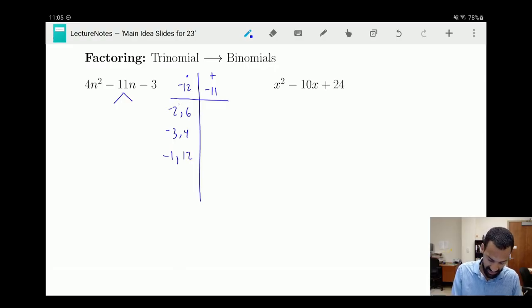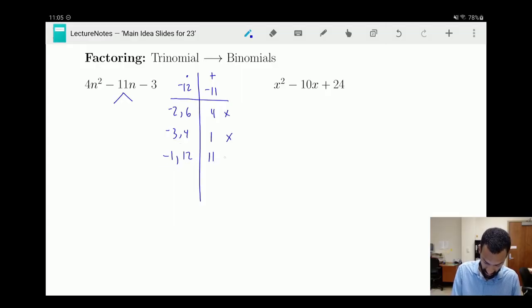So, negative 2 plus 6 is 4. Remember, we need them to add up to negative 11, so we're going to say that 4 is not good. Right, that's not negative 11. Negative 3 plus 4 is 1. That's not negative 11. Negative 1 plus 12 is positive 11.